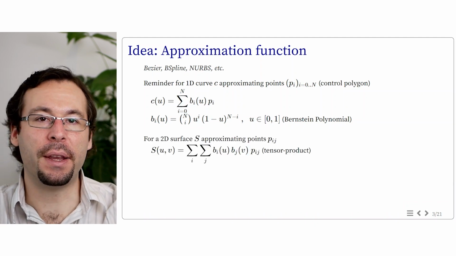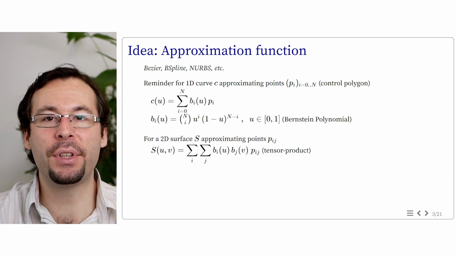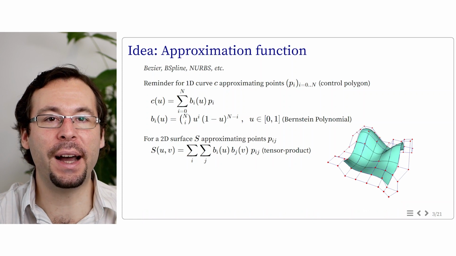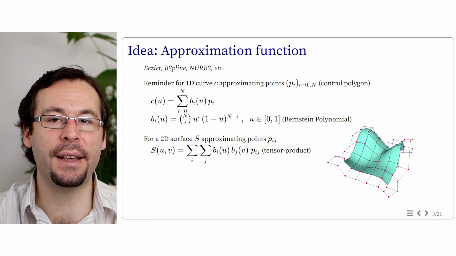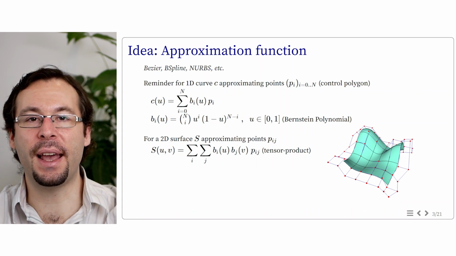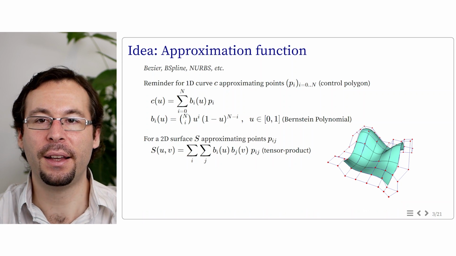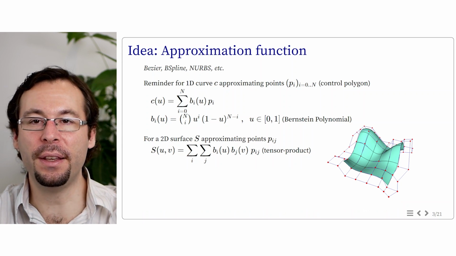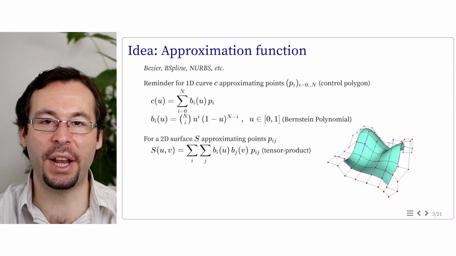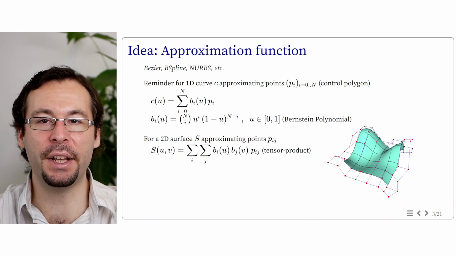When we increase the dimension, we can define a 2D surface S approximating some points Pij, and the Pij must be organized as a grid this time. And this time, the surface S has two parameters, u and v, and S of u and v is given by the sum over i of the sum over j of bi of u, bj of v, Pij.